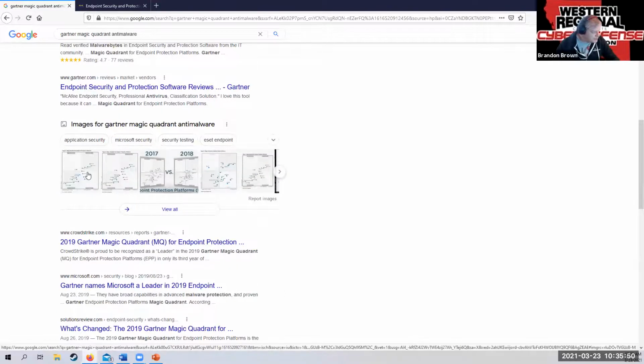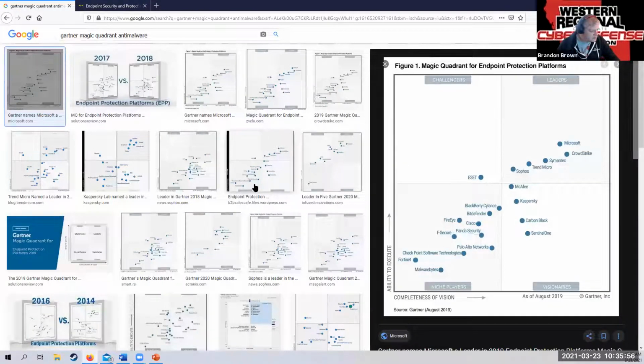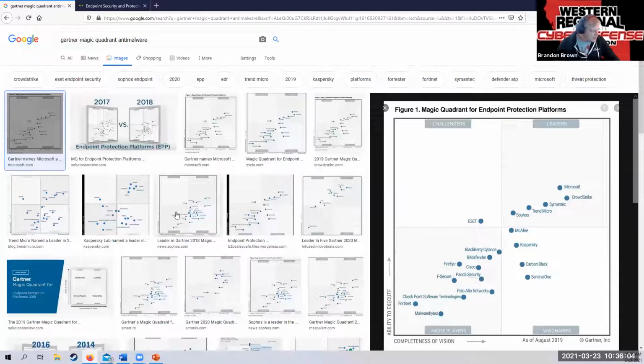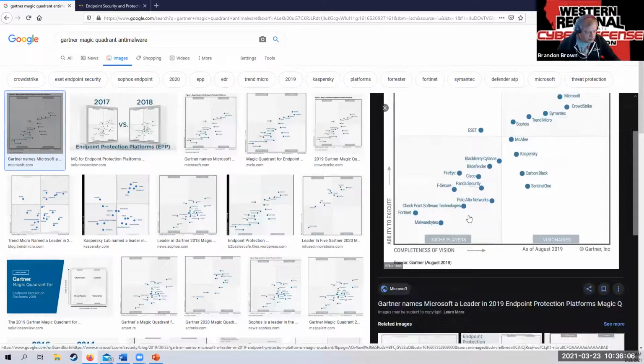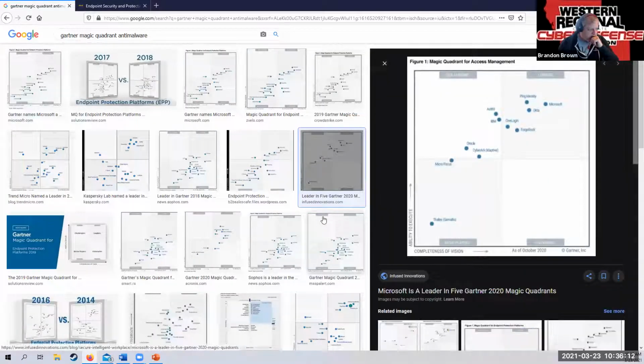Aha, here we go. Kind of looks like a shotgun blast. Here's the ones from way back. They look like that. So this is 2019. It's probably the closest year I'll get.